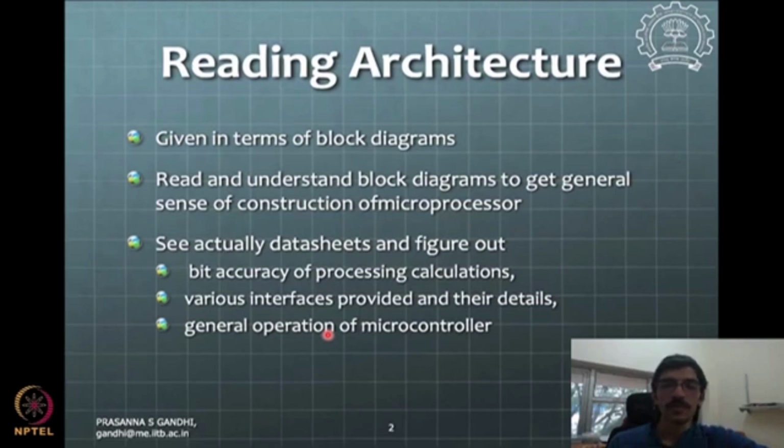I'll post these data sheets of the 8085, then some modern microcontrollers and our ARM Cortex. You can compare these data sheets and try to make sense of some of them. We'll go through some of the important aspects that we look for.